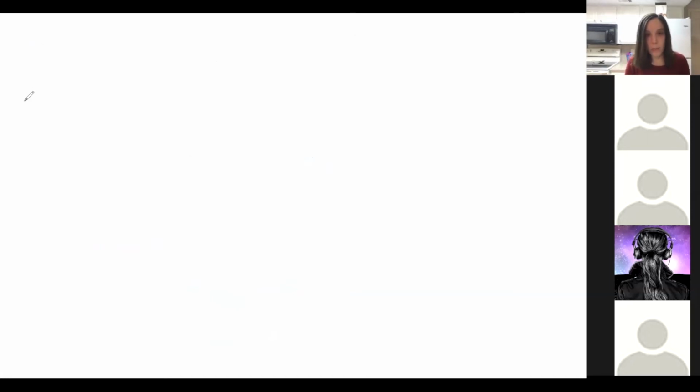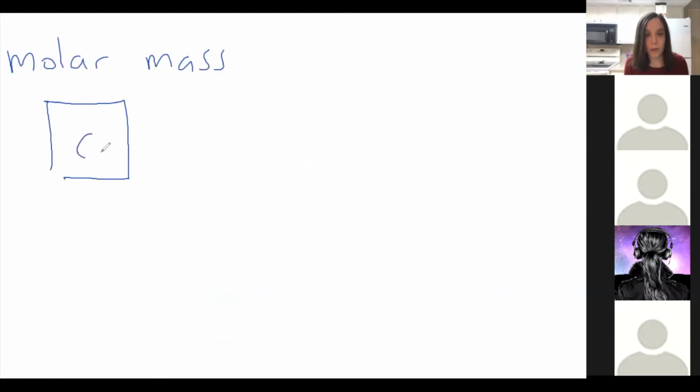Okay, another thing to talk about today is molar mass. We mentioned this last week. If you look up, say carbon, for example, on the periodic table, you have a 6 in the top, you have a 12.01 on the bottom. That bottom number is the molar mass of carbon.